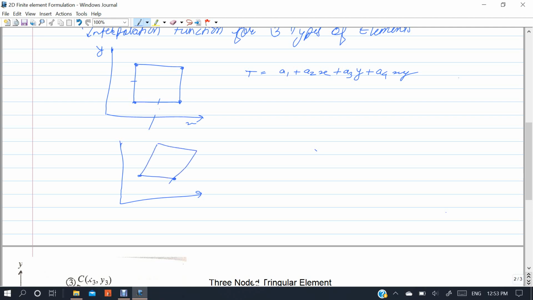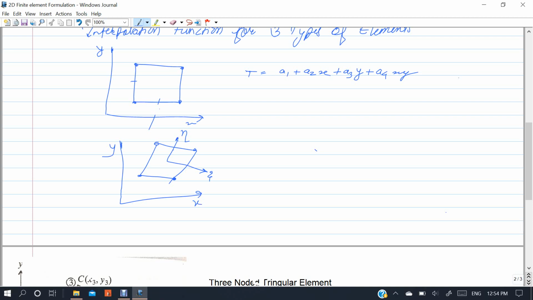Then we have to consider an imaginary natural coordinate axis, which is always parallel to this, and this should be parallel to y. Suppose this is zeta and this is eta, and this is your x and this is your y.